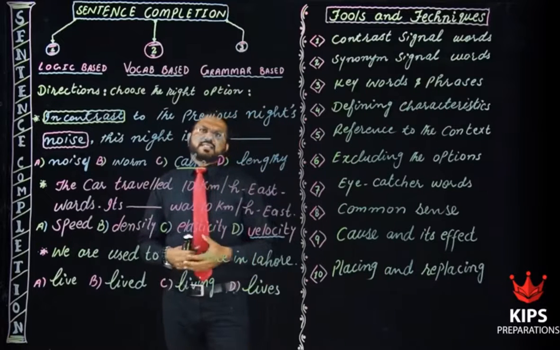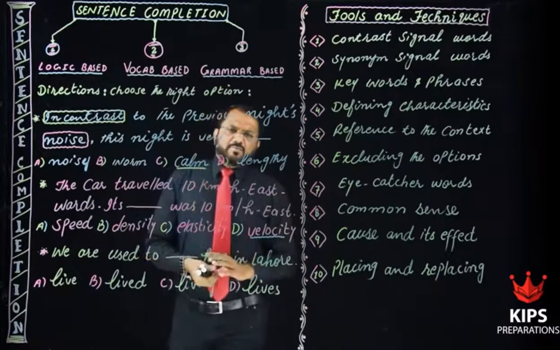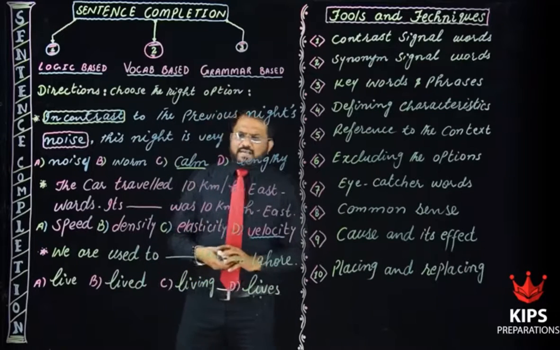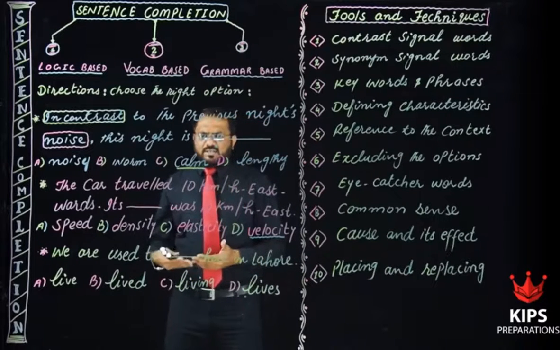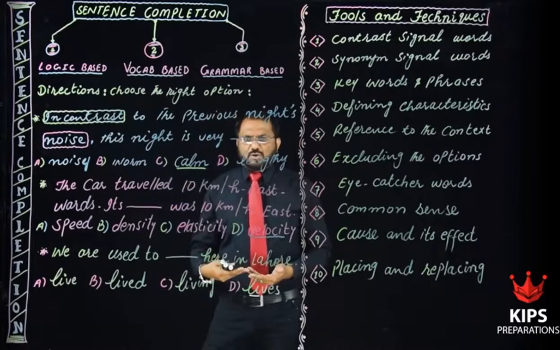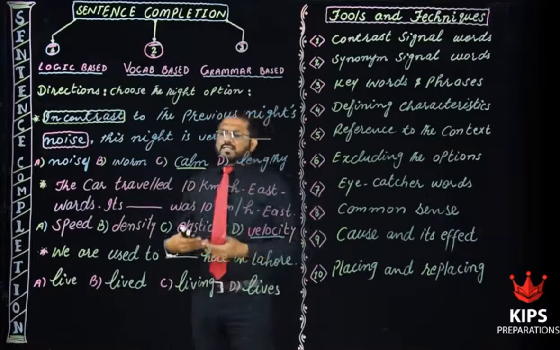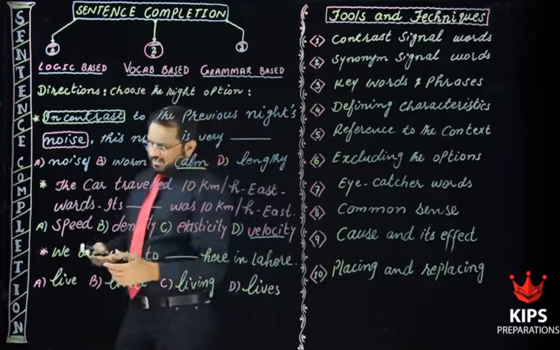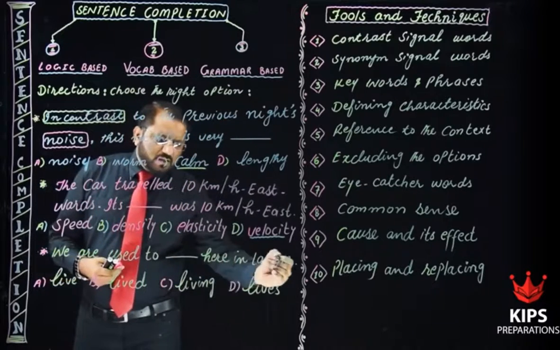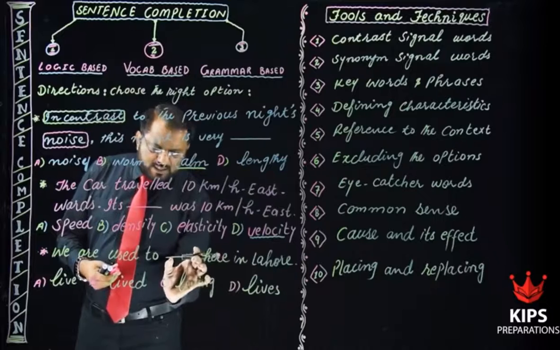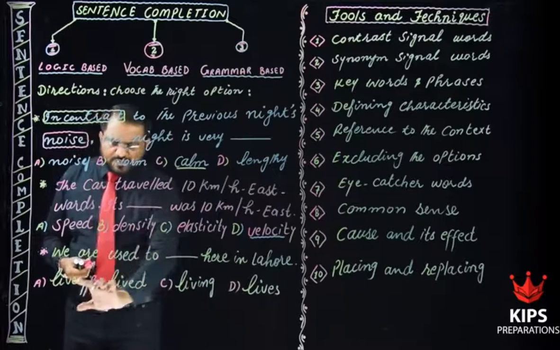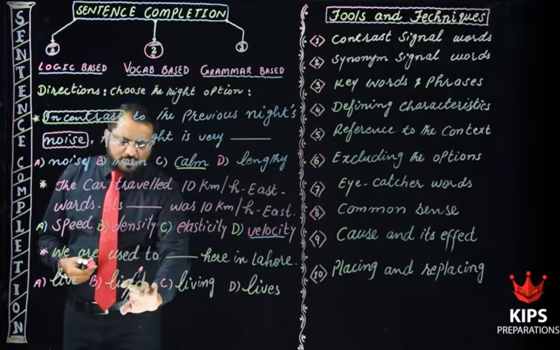The third type of sentence completion question is grammar-based, which is rarely tested in medical entrance tests. Otherwise, in the rest of the tests, it can be a part of your entrance test. It goes like this. In the third example, you can see, we are used to here in Lahore. We are left blank with this part of the sentence. We are used to live. We are used to lived.